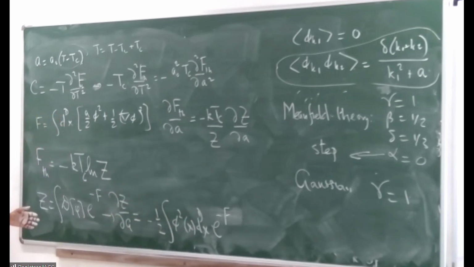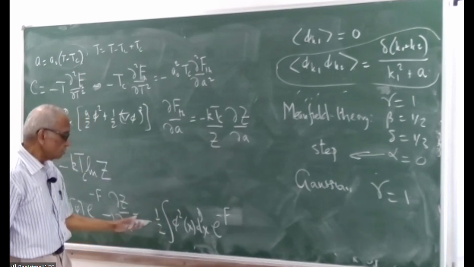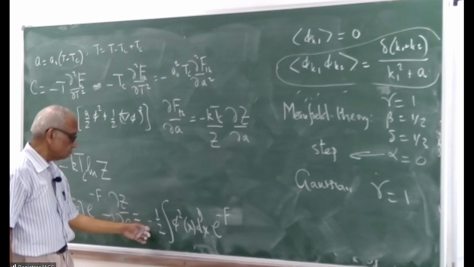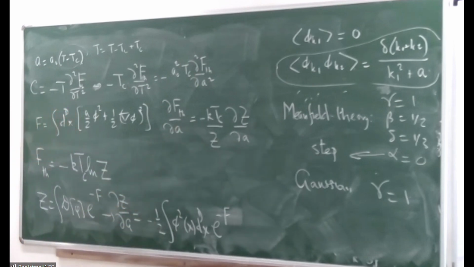So if I do one step, then I come over here, and the minus and the minus are taken care of through this, and so that becomes a plus. But I have to do another.